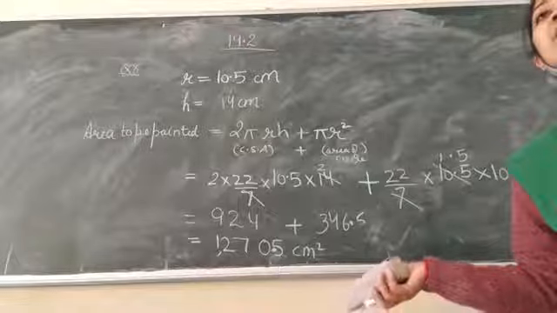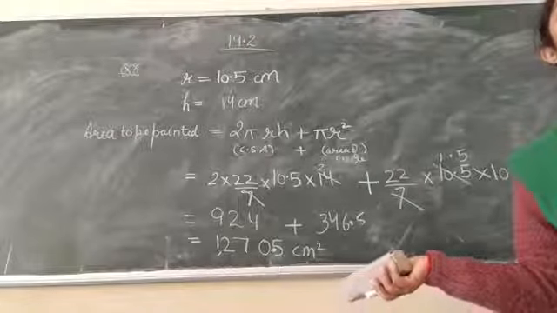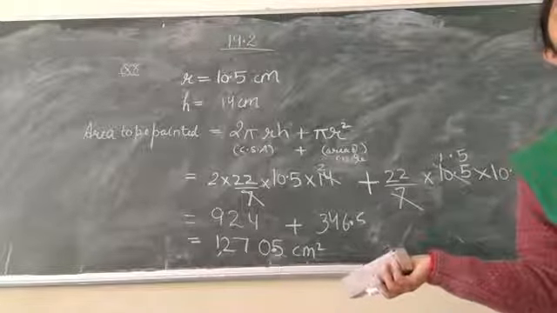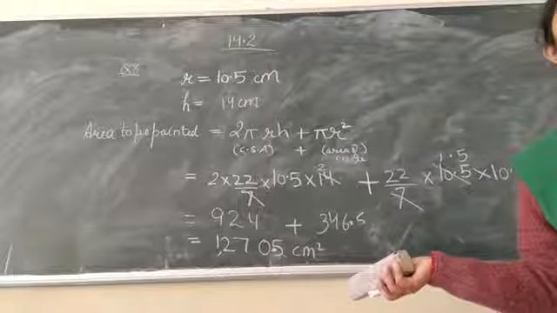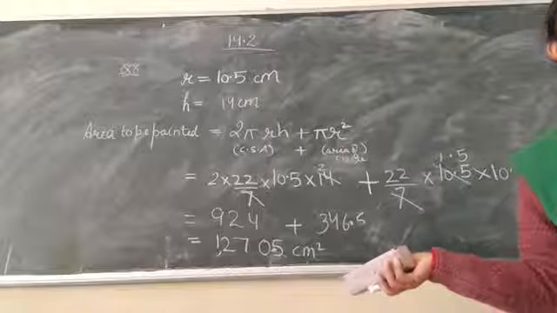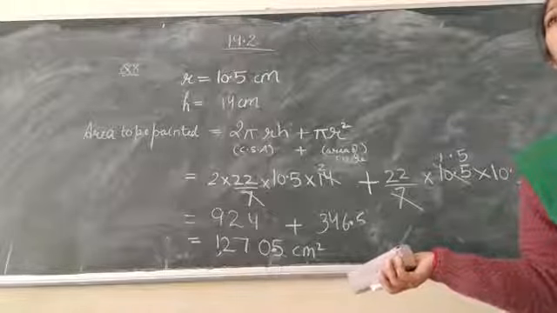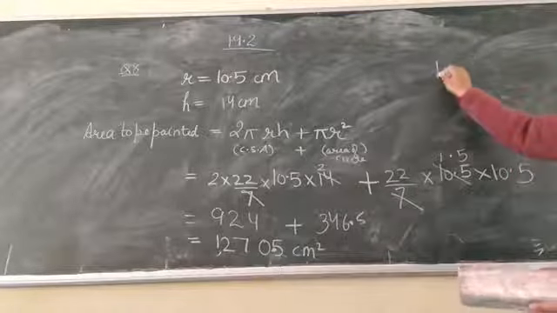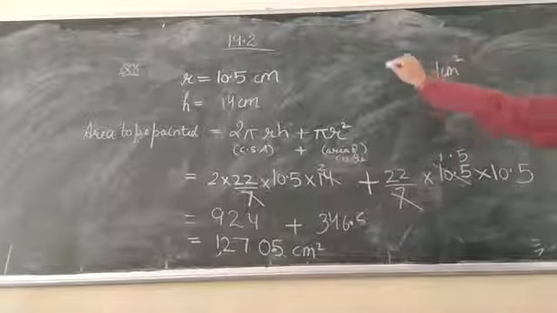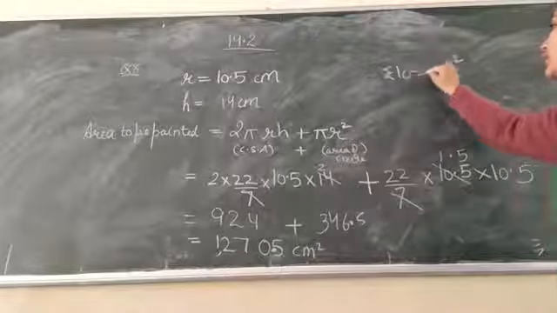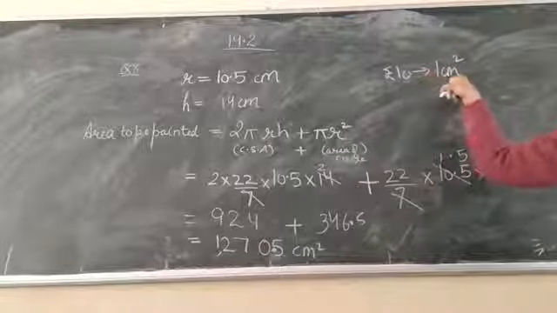How will you calculate that? We will divide or multiply. Louder. What we will do? For 1 centimeter square, you have to pay rupees 10.